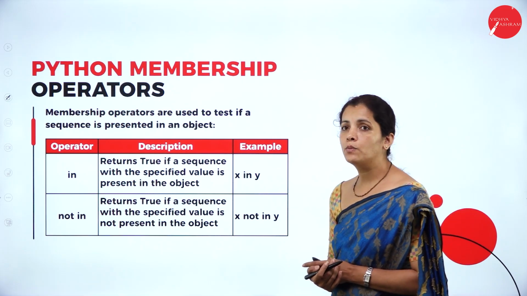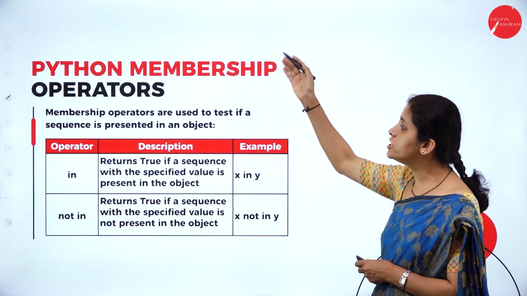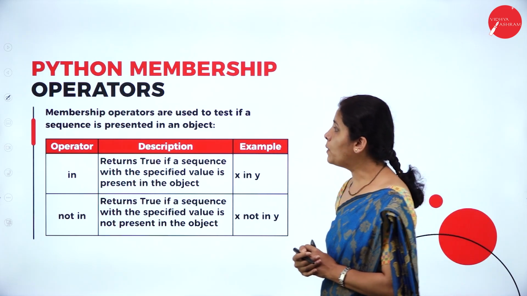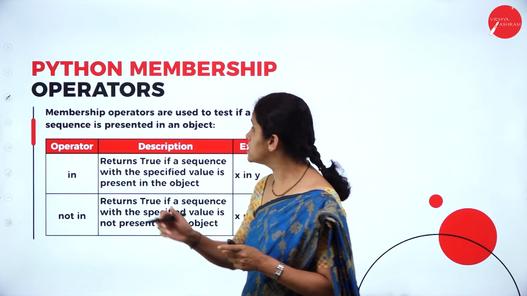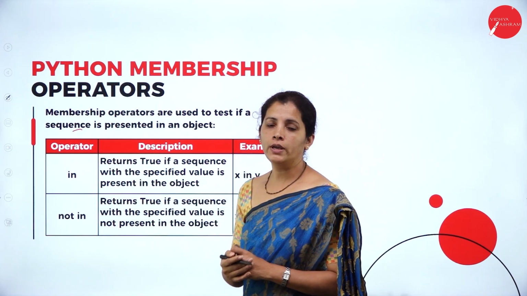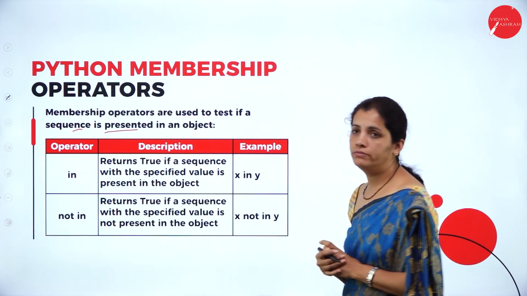So dear student, I'm going to have another operator, that is membership operator. See, what is membership operator? It is used to test if a sequence is present in an object.